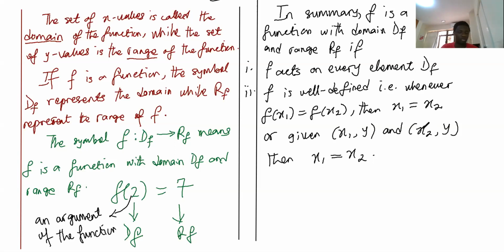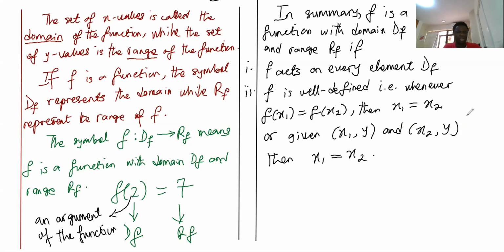This idea of well-defined, I still use it till today. When we define a function, maybe during some of our proofs, one of the things you want to establish is that this is actually a well-defined function.